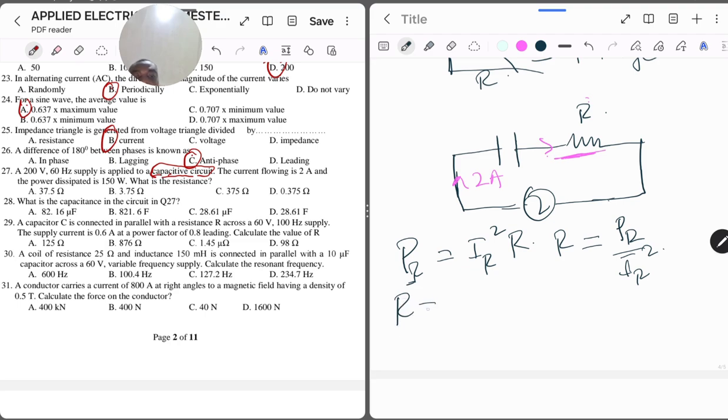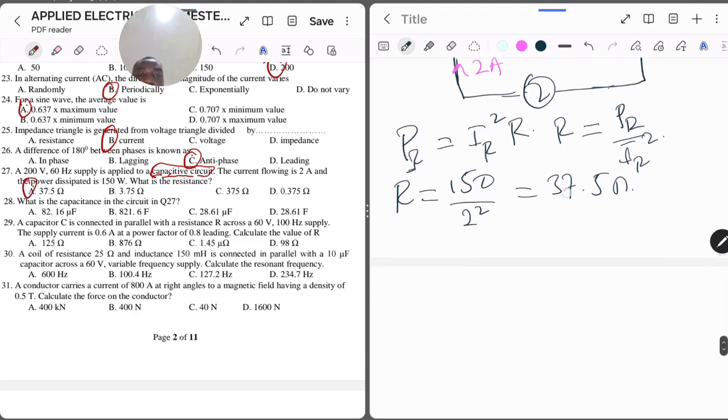So resistance here becomes 150 divided by 2 squared, that will give me 150 divided by 4, which is 37.5 ohms. So the answer here is A.